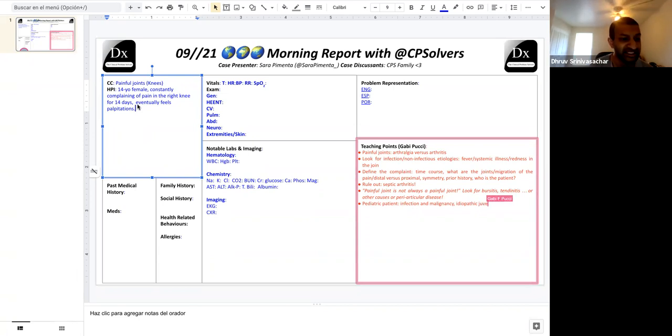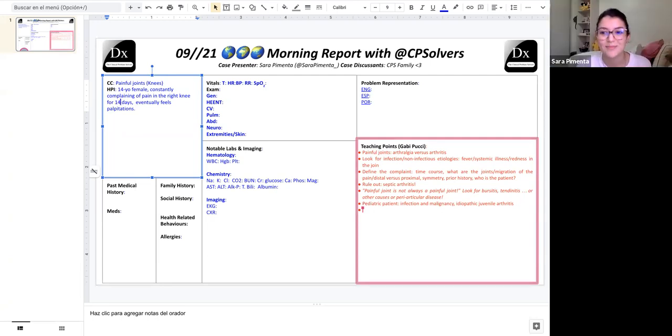For this 14-year-old, we now have two sorts of dimensions that we can look at this. Sarah, I just want to confirm, this pain's been going on for 14 days or 4? For 14 days. So this would be subacute. And if I remember correctly, you had said that it was worsening over the course of that time.